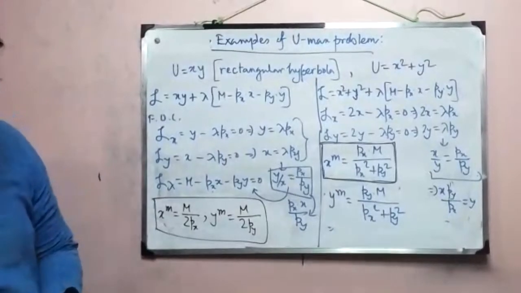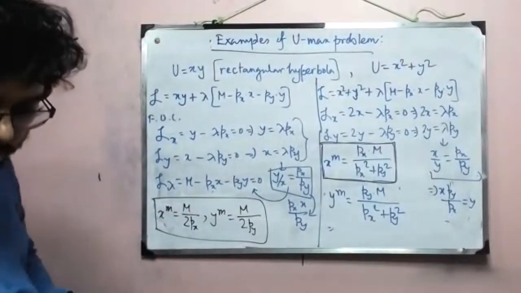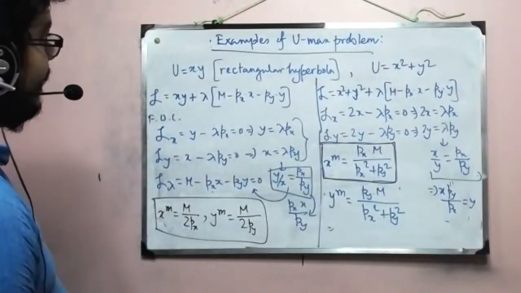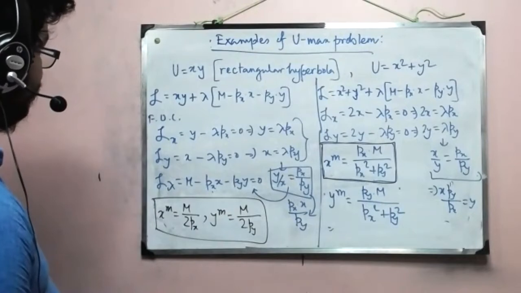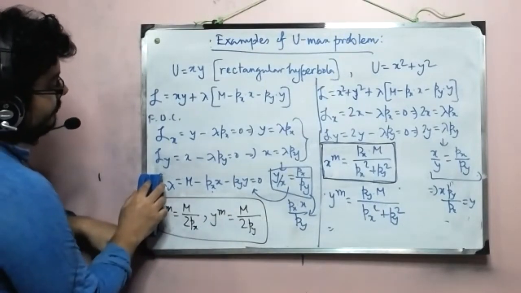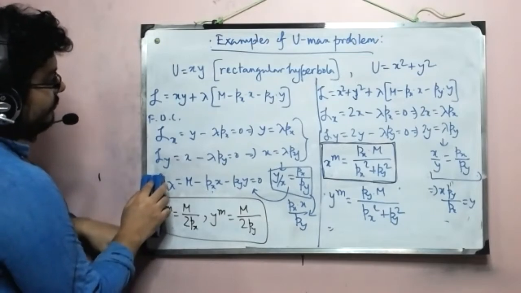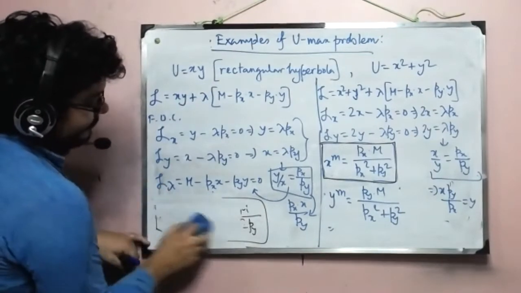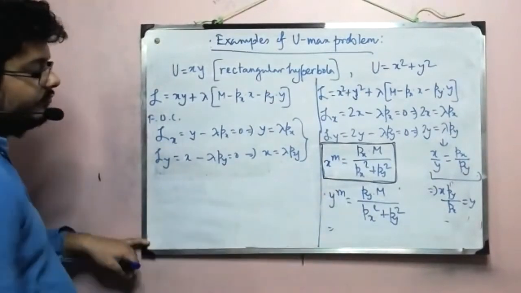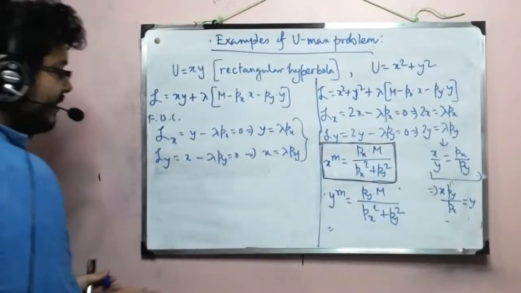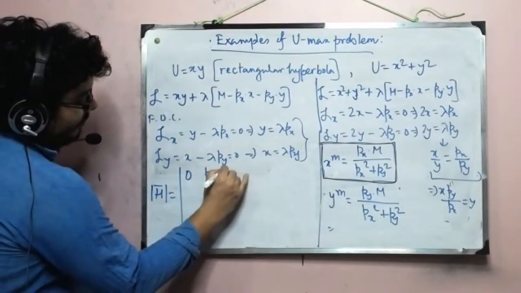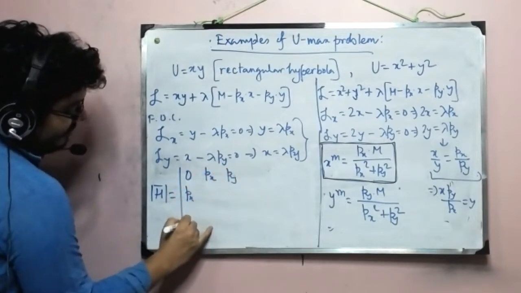Okay, so what is my bordered Hessian? In general, the bordered Hessian will look like this: 0, px, py, then px, py.